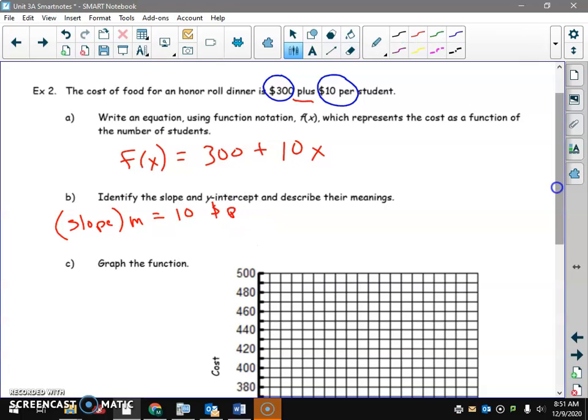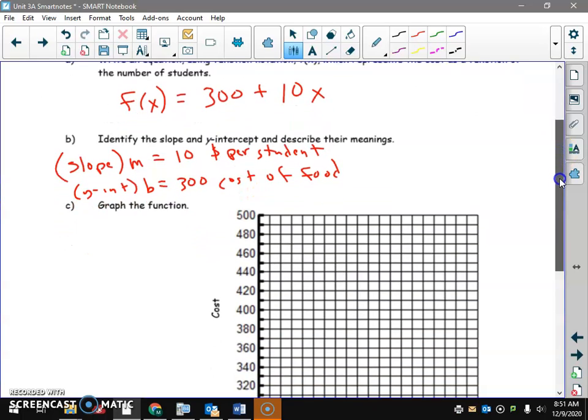Cost per student. And if the 10 was the cost per student, that's a slope. The y-intercept must be the b, which is the number by itself, which is the other number, 300. And what is that? Cost of food. All right, well done. We got our function and we have our explanation.